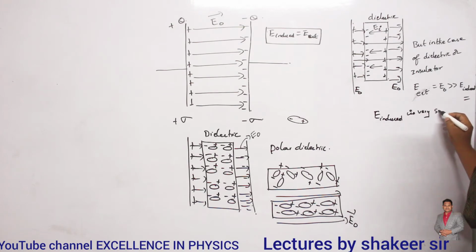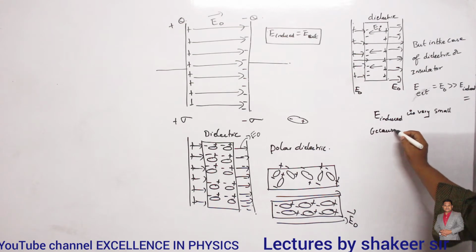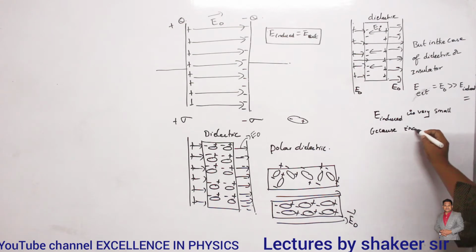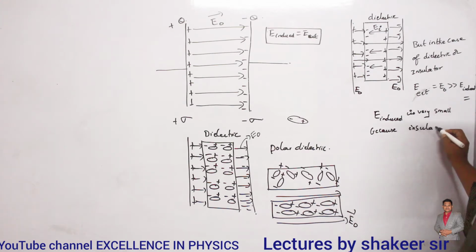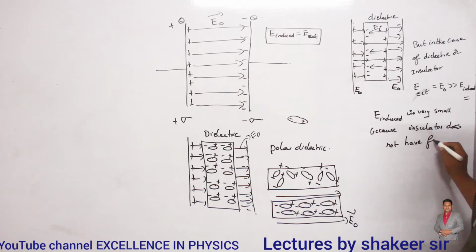E induced is very small because an insulator does not have free electrons. Are you able to understand?